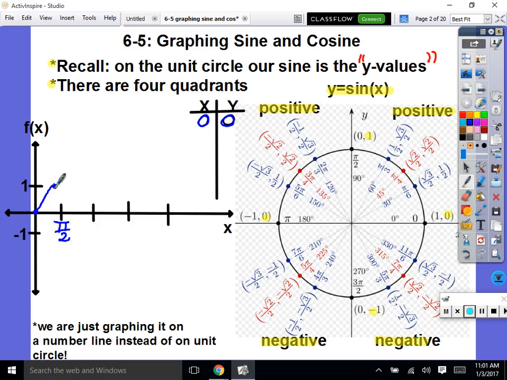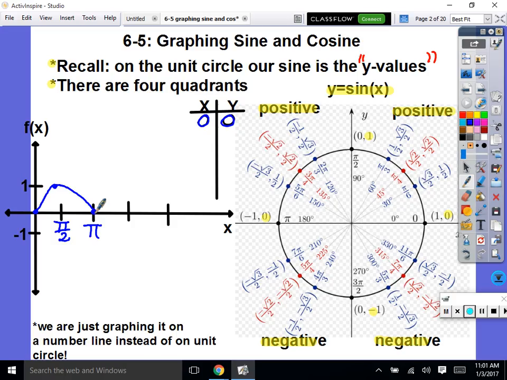Now after pi halves, aren't our y values then going back down, getting smaller till we hit 0? So now after pi halves, we're going down till we hit pi. Our function is 0 at pi. Everybody seeing this? Now after that, look at my y values.